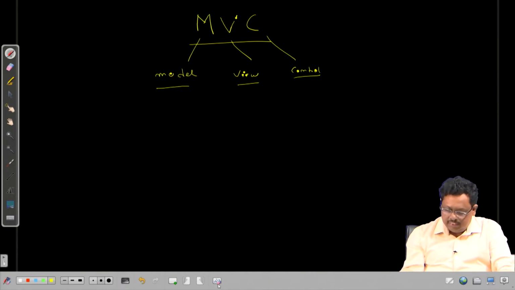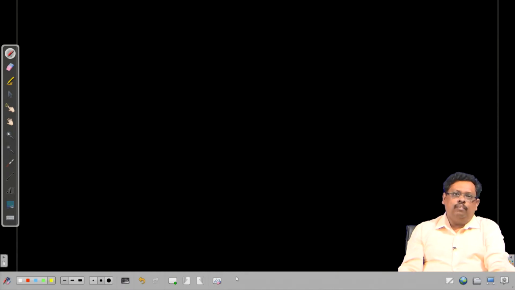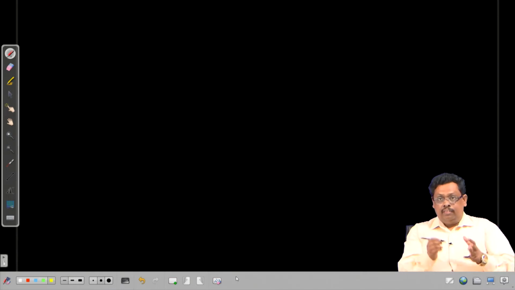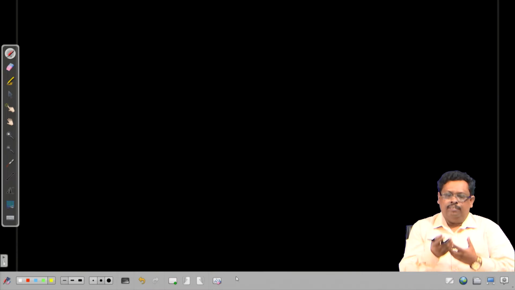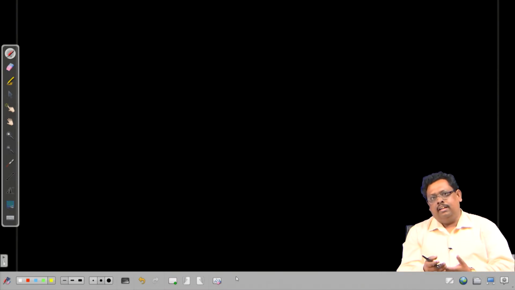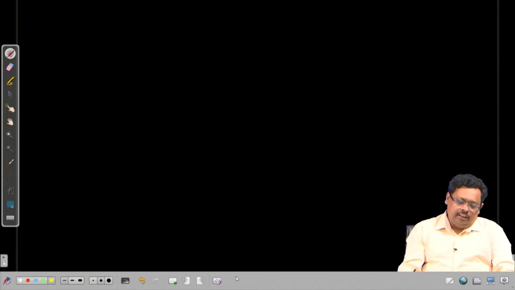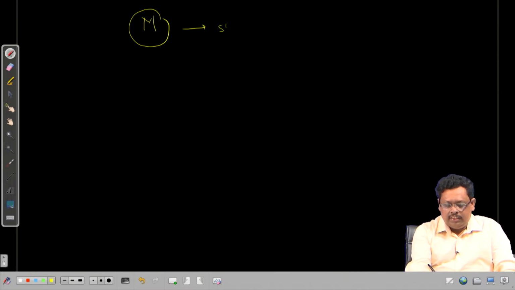Let us explain one by one. For our case, the model is the ship data and the physical problem. So M stands for how I write and store my ship data.